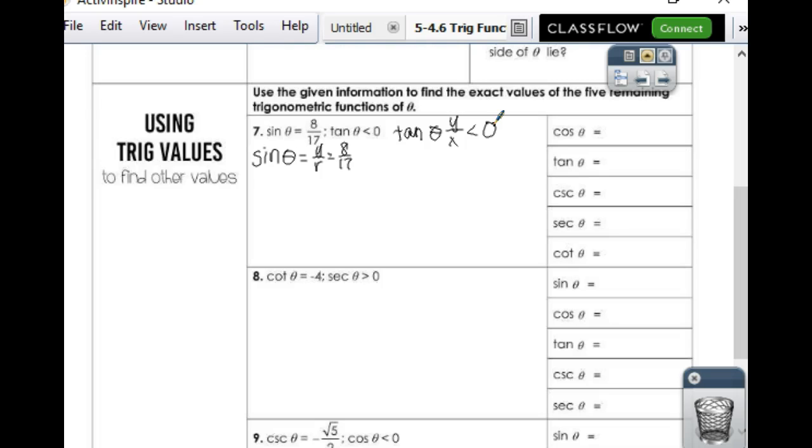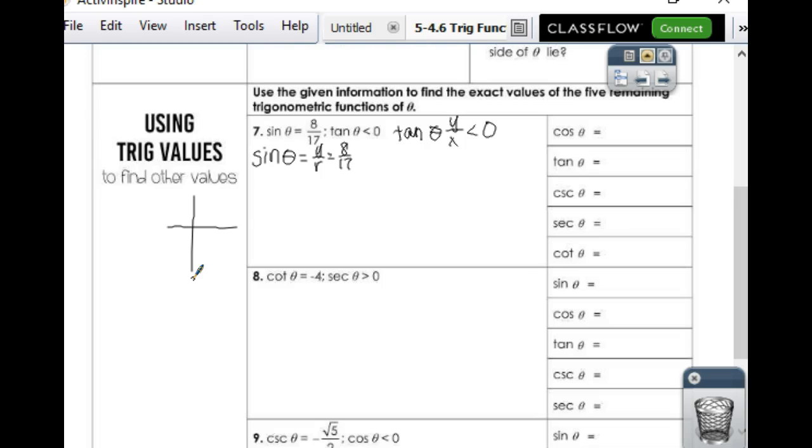So if this is positive, but this is negative, what does that tell me is for sure? What has to be negative? The y is positive.